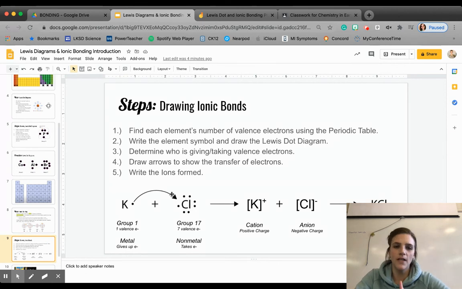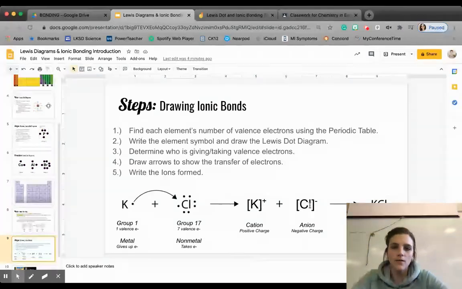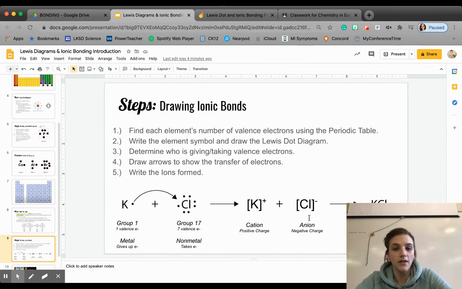Once you've done that, then you need to consider who's the cation and who's the anion. Potassium has lost an electron, so it becomes positively charged by 1, but we just write it as a plus sign. Chlorine has added an extra electron to its crowd, so it becomes negatively charged. It's our anion, so it becomes Cl minus. Notice that with ions, we write them in brackets.